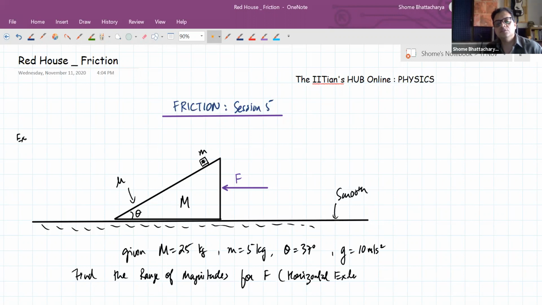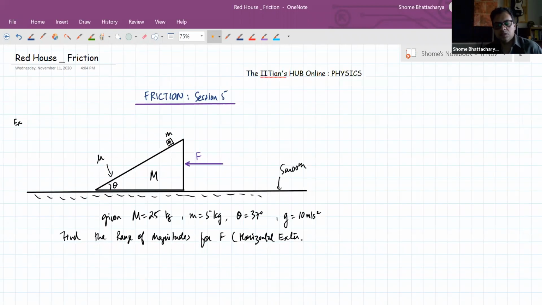By range of values, we mean that it can be in between some two limiting values, minimum and maximum. So we have to find the minimum possible to maximum possible value of F, so that this condition is satisfied, that the block does not slide down the wedge. Okay. So just start with the free body diagram. So this is a horizontal external force.